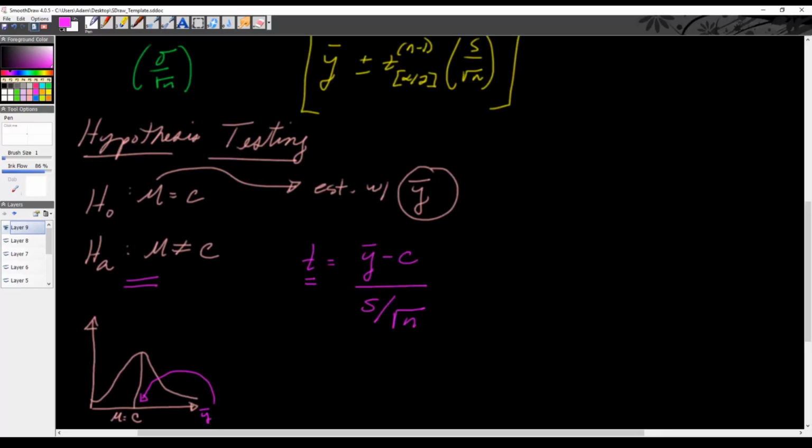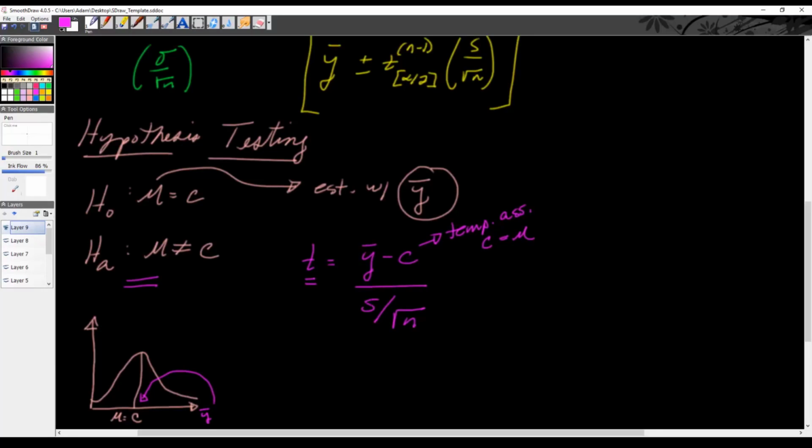So we normalize our sample statistic. In this case, the normalized mean is 0. And if we get a t-value, or a normalized sample statistic, that is large, remember we temporarily assume that c is equal to mu. So if c is equal to mu, and I get a value much larger than c, this numerator is going to be very, very large.